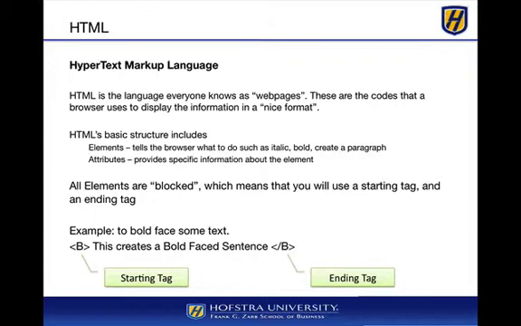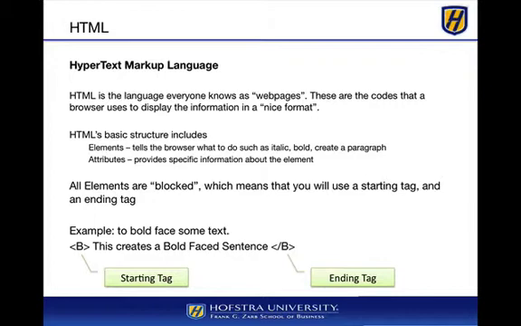So all elements really are blocked, which means that you use the starting tag and an ending tag. And you see we have an example down here. In HTML, if I want to have a bold-faced sentence, I would basically use a starting tag of a B. That's a less than sign, B, and then a greater than sign. And so it looks like the little bookends.